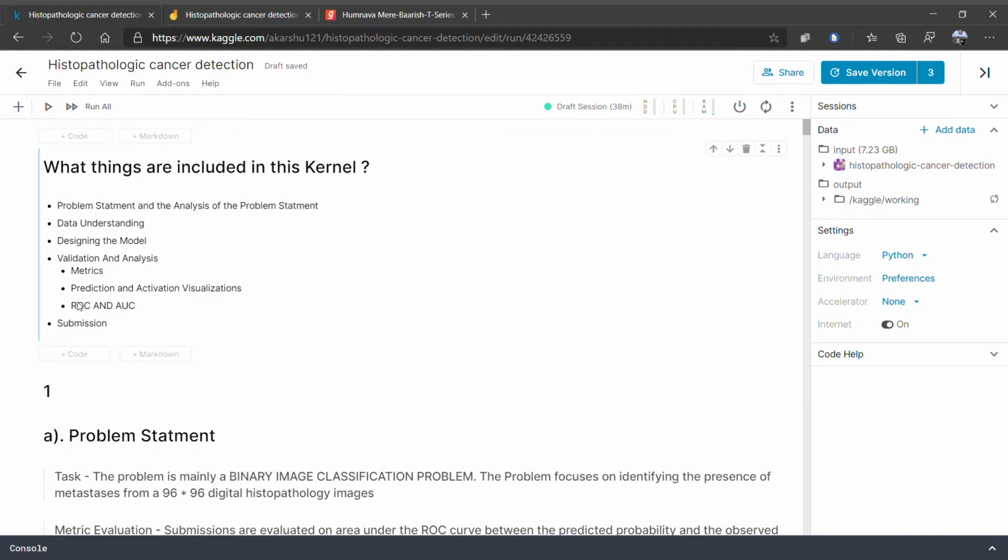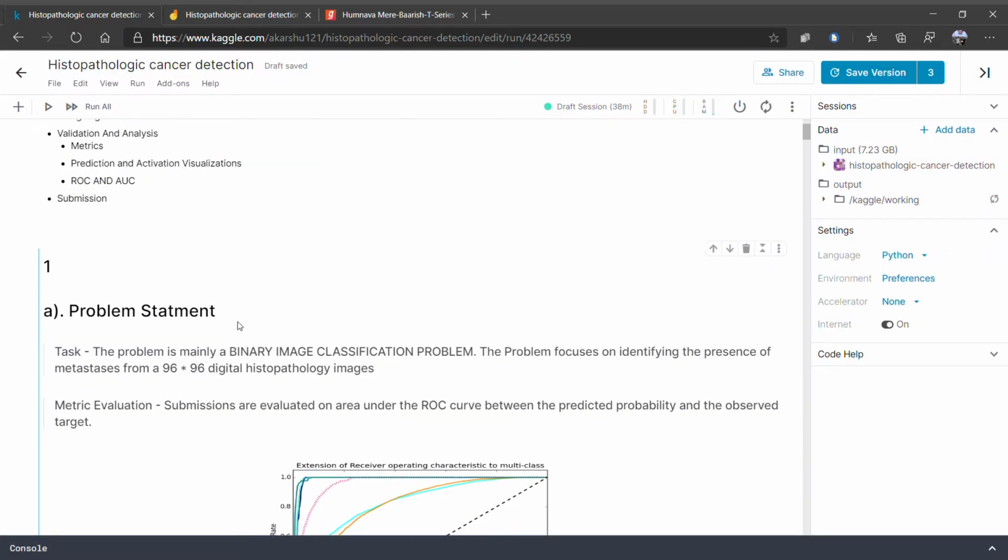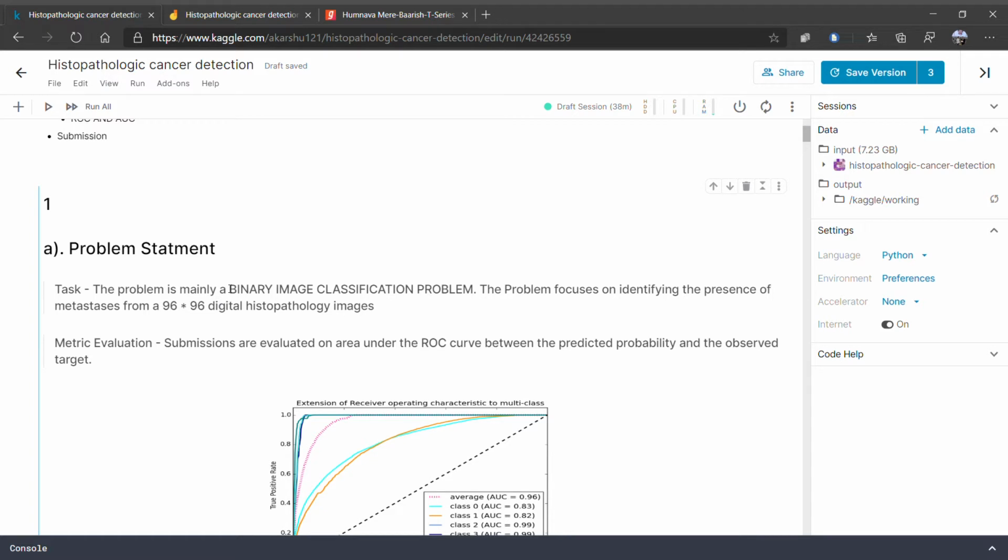So let us go into the first part, that is the problem statement. The problem statement mainly involves the binary image classification problem. The problem focuses on identifying the presence of metastasis from a 96 pixel by 96 pixel digital histopathology image. So what is this metastasis?